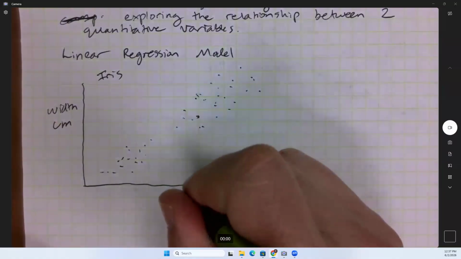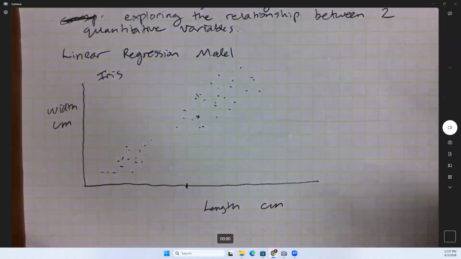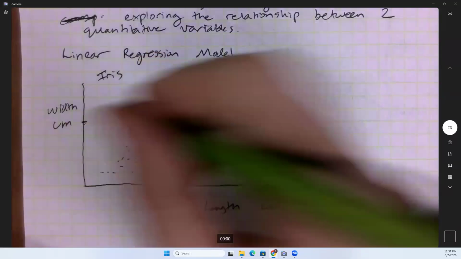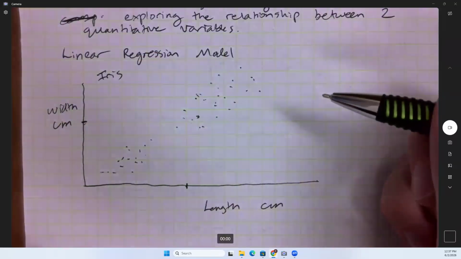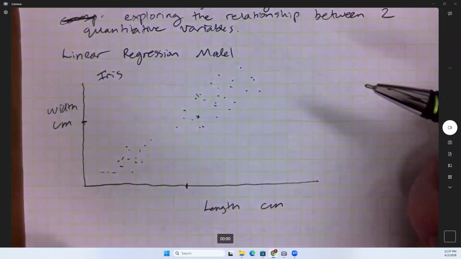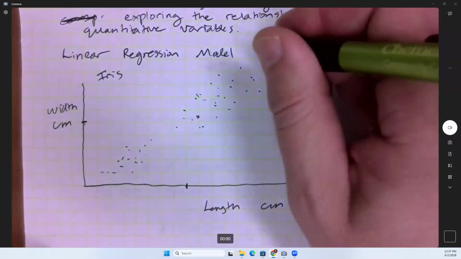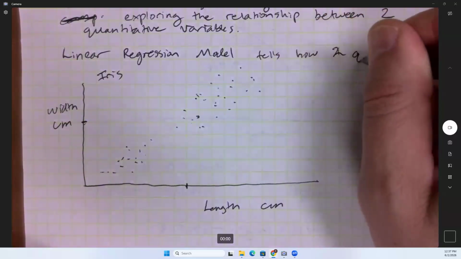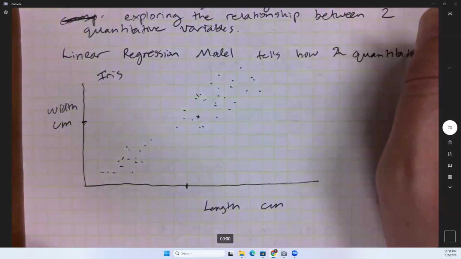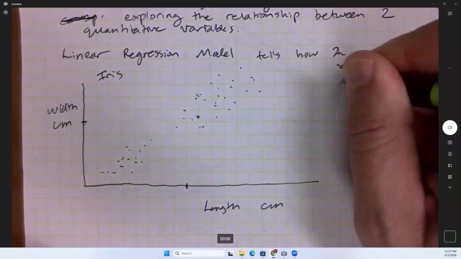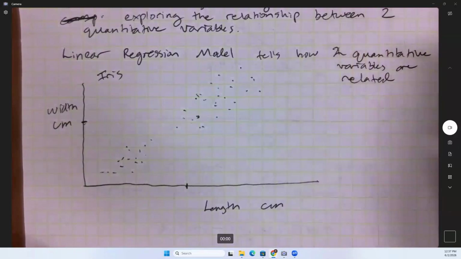For example, if we knew what this length was, it would be nice to have an idea about what that width would be. And the correlation doesn't tell us that. The correlation just tells us that they're related, but it doesn't tell us how. A linear regression model tells us how two quantitative variables are related.